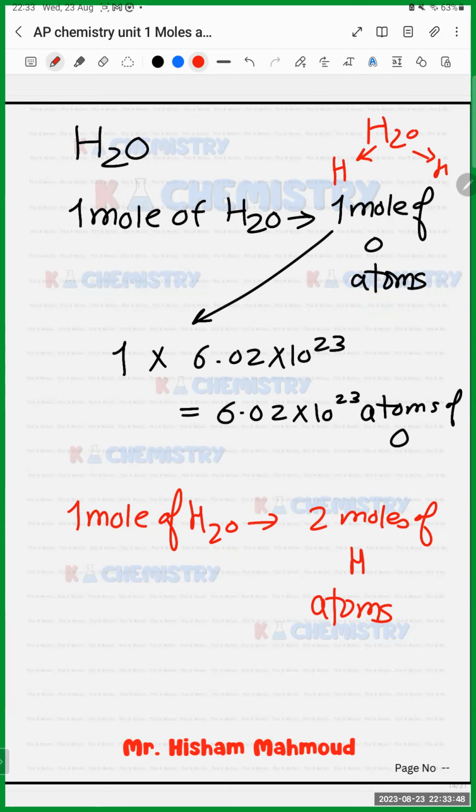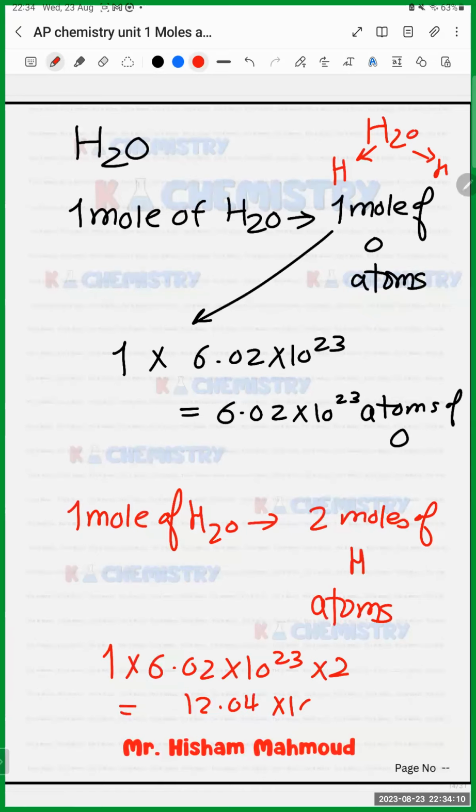So if you have 1 mole of water, how many atoms are there in 1 mole? That's 1 multiplied by 6.02 times 10 to the power of 23. Then you multiply this by 2. So you will get double the number. So instead of 6.02, you will get 12.04 multiplied by 10 to the power of 23 atoms of hydrogen.